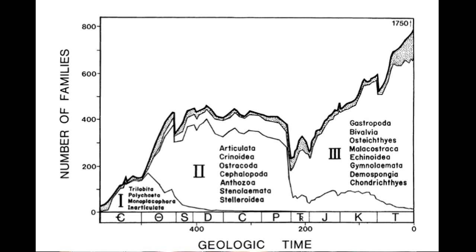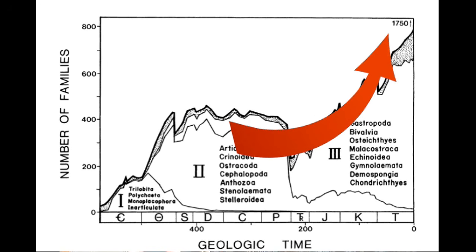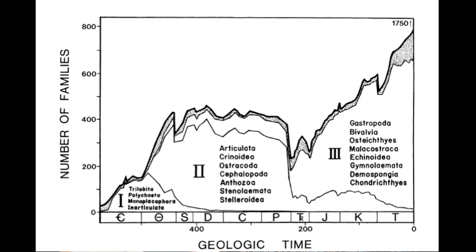And this is actually something that we have to take seriously because part of that general expanding diversity going up towards the modern is going to be related to the lack of knowledge that we have for previous ecosystems.